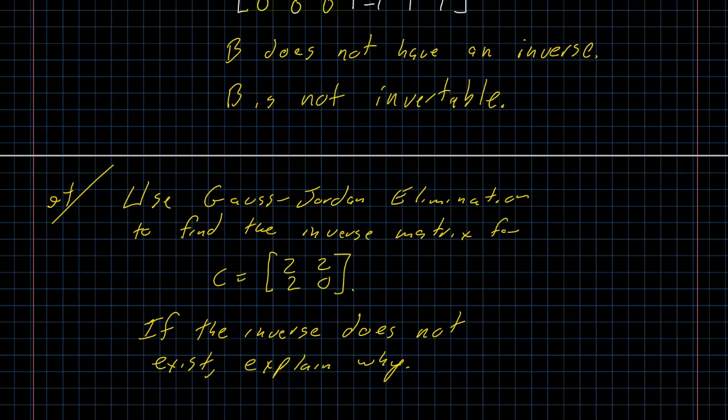Relatively simple one for now, just a 2 by 2 matrix to get the hang of the notation and what's going on here. But use Gauss-Jordan elimination to find the inverse matrix for matrix C, 2, 2, 2, 0. If the inverse does not exist, explain why.